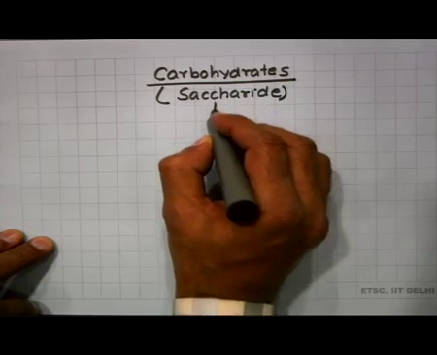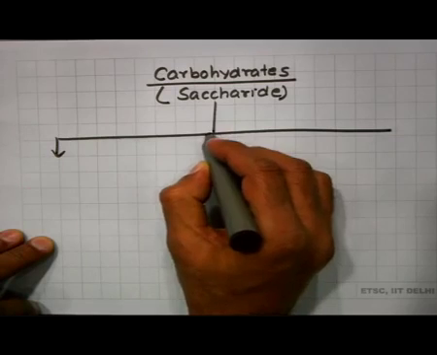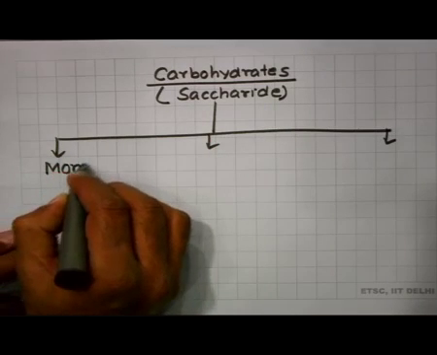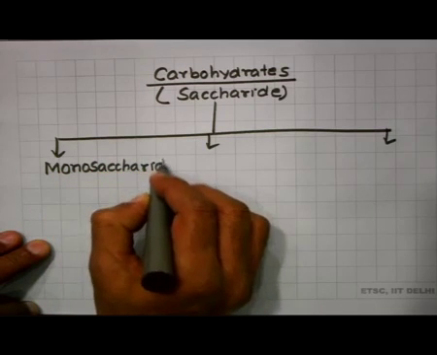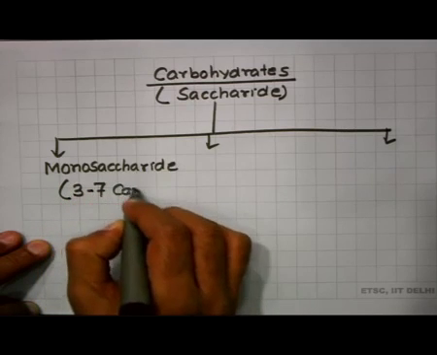It has been divided into mainly three groups, that is monosaccharide, which has 3 to 7 carbon atoms.